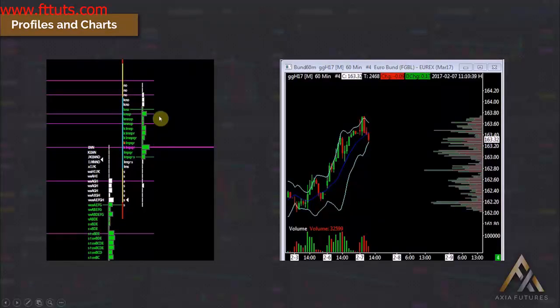First of all, you have a daily profile on the left, combined with a 60-minute bund on the right. And as you can see, we have this ledge set up on the profile, which we have now broken out of. Basically, the setup of the day is we opened at the top end of Monday's range, pushed higher, came up to a really good level here, and rolled back over again.